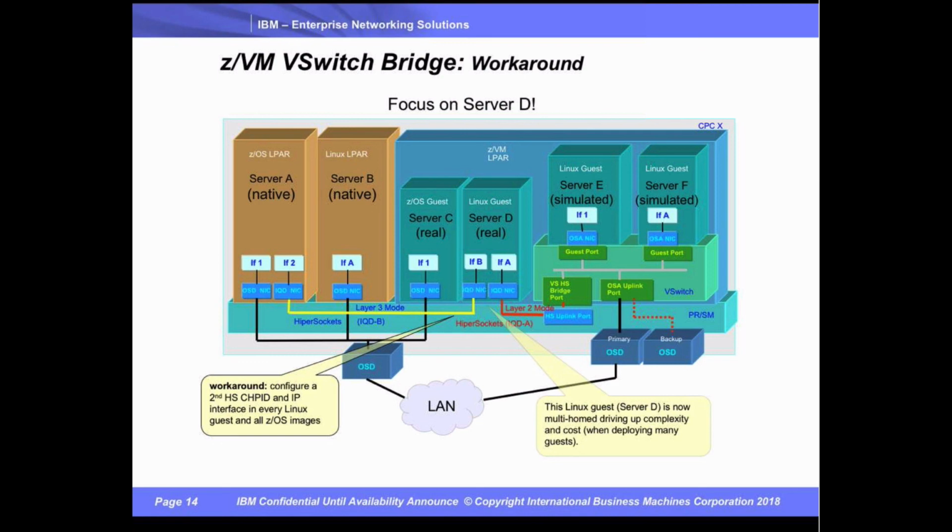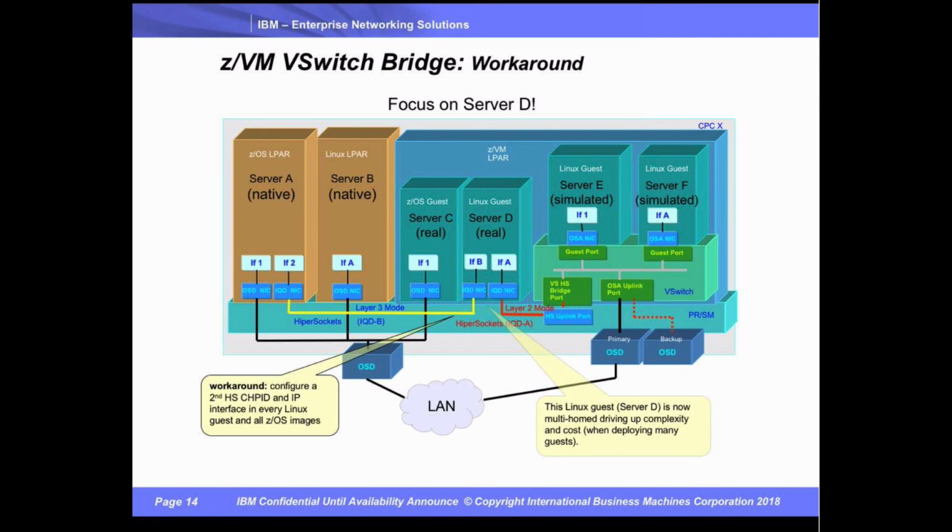Now when you look at page 14, it shows how server D could communicate with z/OS. If z/OS was, for example, the database DB2, and server D was providing some type of 2 or 3 tier solution, possibly WebSphere or what have you, it would provide a solution by just simply providing another interface. In this example, interface B, which happens to be another HiperSockets channel, and it's using layer 3 mode back to z/OS.